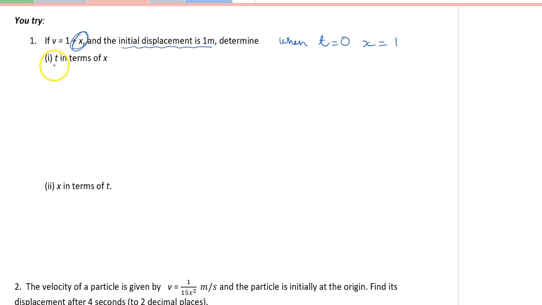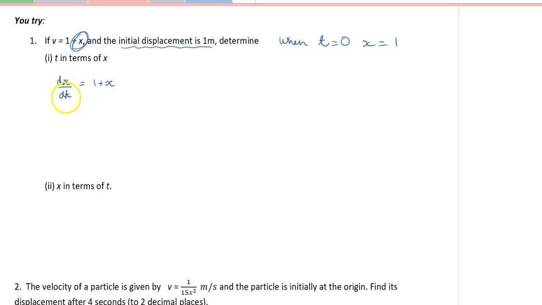So we're setting about finding t in terms of x. So we know that we've got to get t into it. All that we have at this stage is that velocity could potentially be called dx dt. So we're just going to replace the velocity with dx dt and keep the 1 plus x.